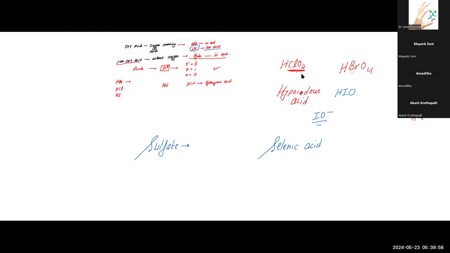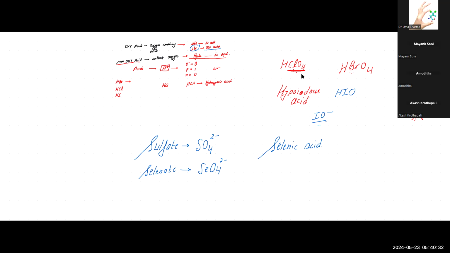It is SO4 2 minus, sulfate, right? So what is selenate? Sulfur and selenium are in the same family. Yes, Akash, you are right. Selenate is this, and Akash is right. Amodita, what you are writing is sulfur trioxide. Mayank, you can correct your formula.